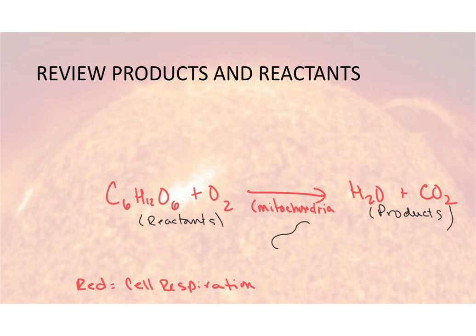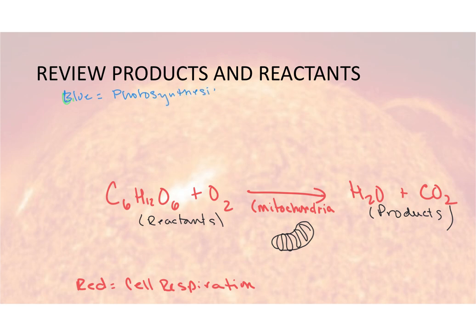Here's my mitochondria, but if you look closely and remember from the previous lessons, we're looking at the equation for photosynthesis only backwards. So if red is cell respiration, let's make blue photosynthesis.